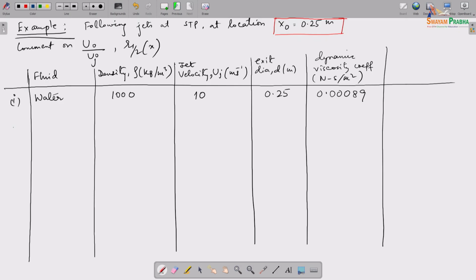Then the second one is air, density is 1.32, jet velocity is 100, exit diameter, and nu is 1.205.